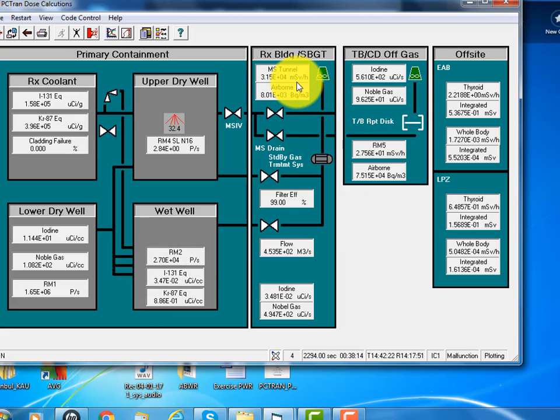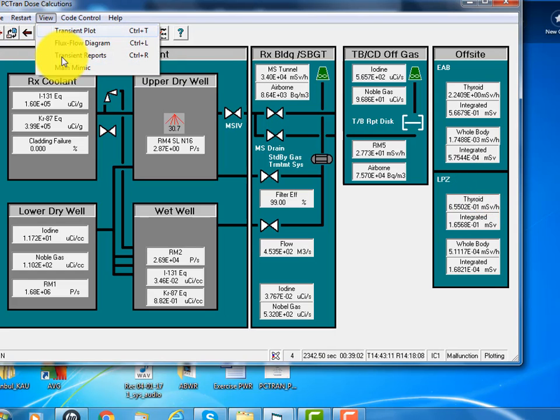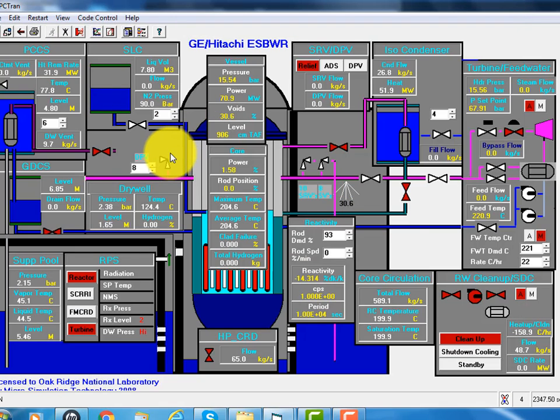This is the reactor building, and that's the turbine and condenser building, an off-site exclusion area boundary and low population zone dose distribution. So this is the newer generation ESBWR.